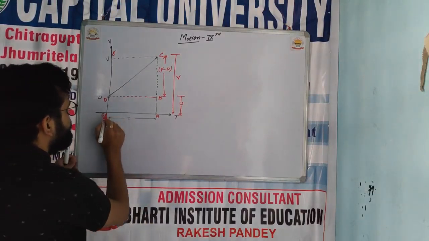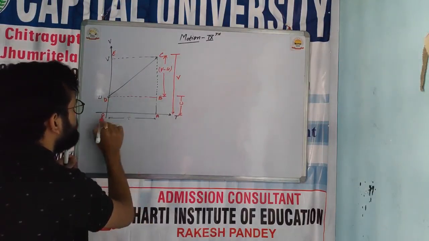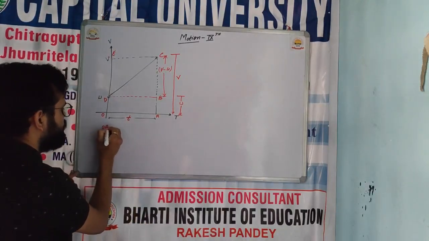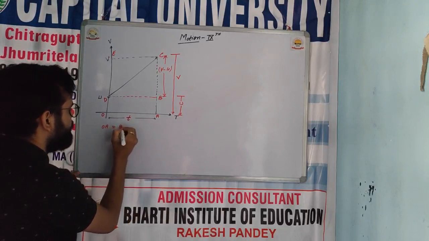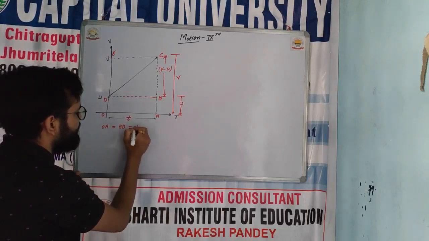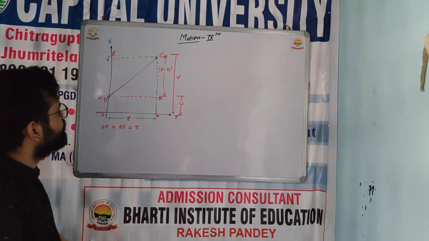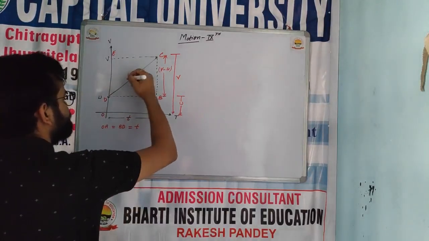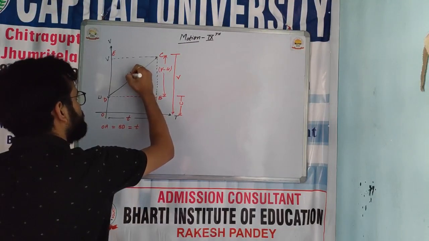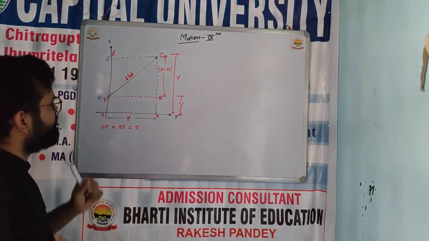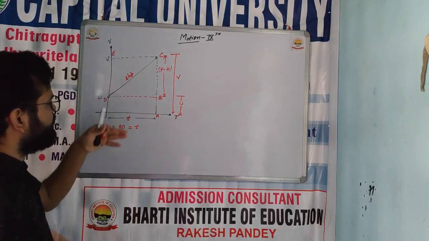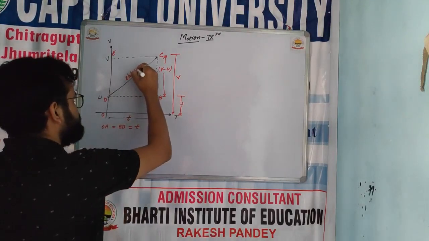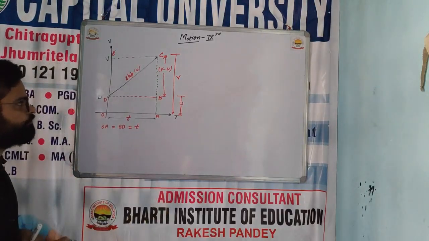Also the value of DB or OA is equal to T. So we can write here OA equal to BD equal to T. This is time. Clear? And DC is a slope. Slope represents acceleration because velocity by time equals acceleration. So it represents acceleration.